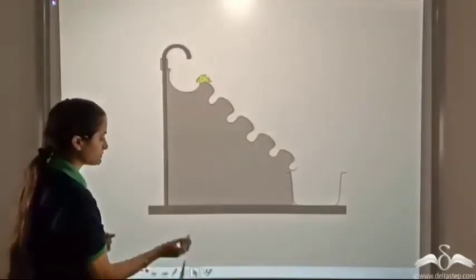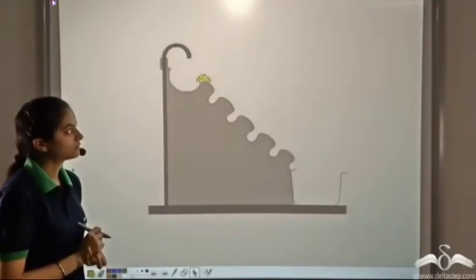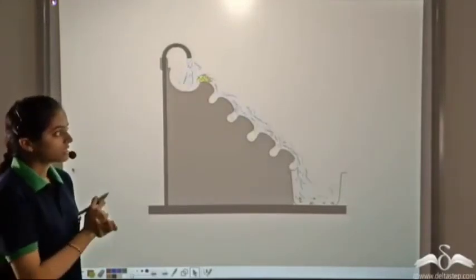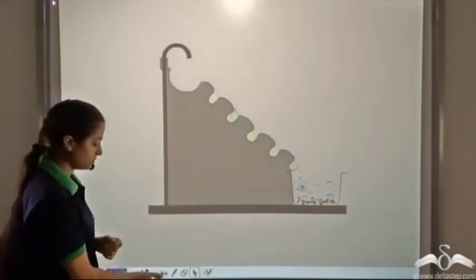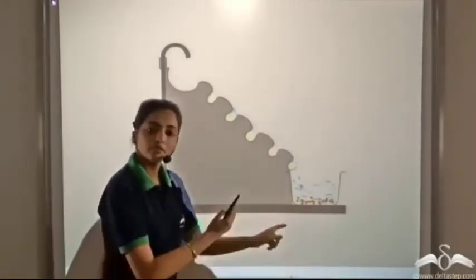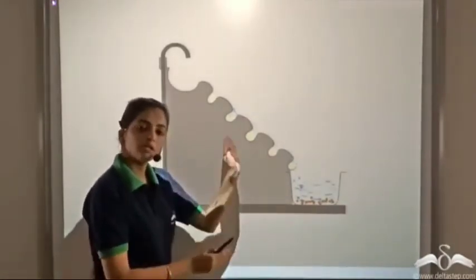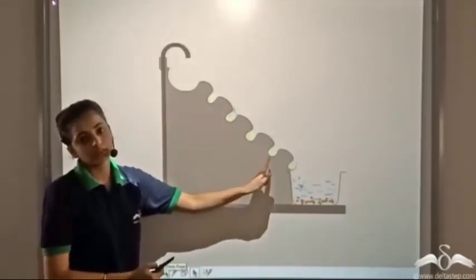Observe. As a jet of water is passed, the lighter gangue particles, which are soil, sand, etc., are washed away, and the heavier ore particles settle in the grooves.